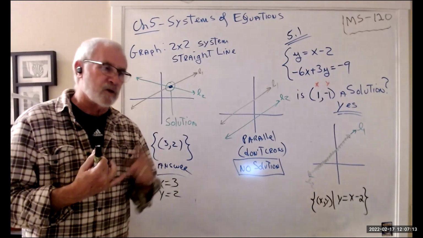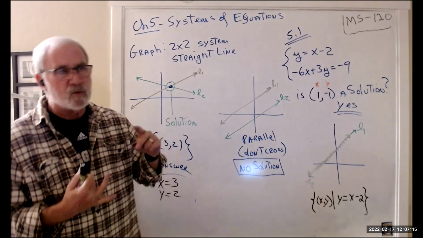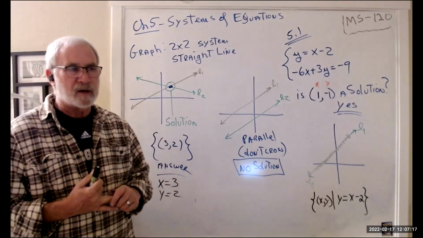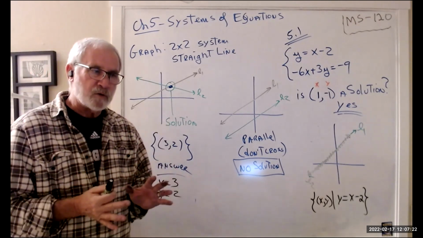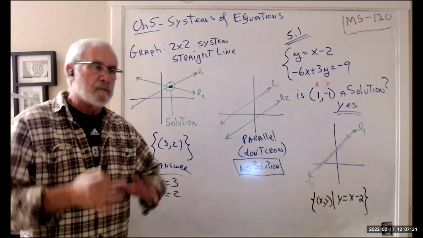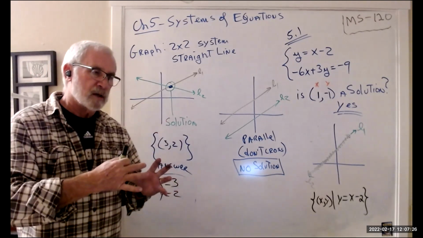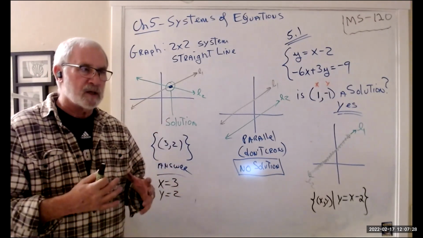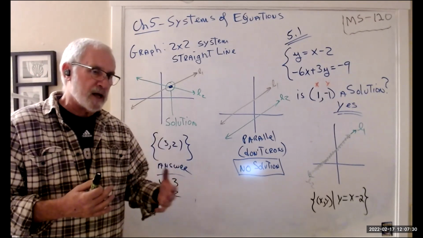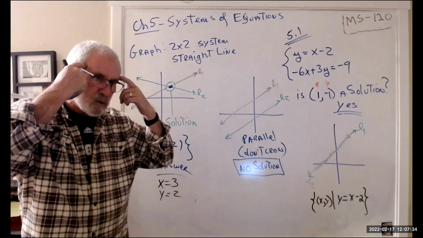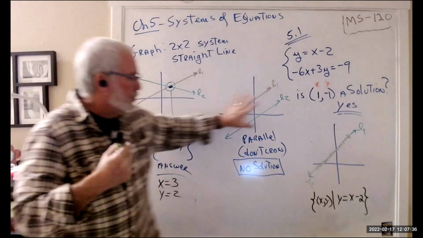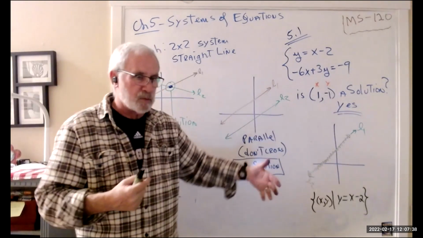Because graphing is slow and we don't like it, so we make dumb mistakes. There are going to be a few questions that ask about graphing, but algebra steps, algebra formulas are much more accurate and much quicker, but you can't picture the problem. You're just doing a bunch of algebra.